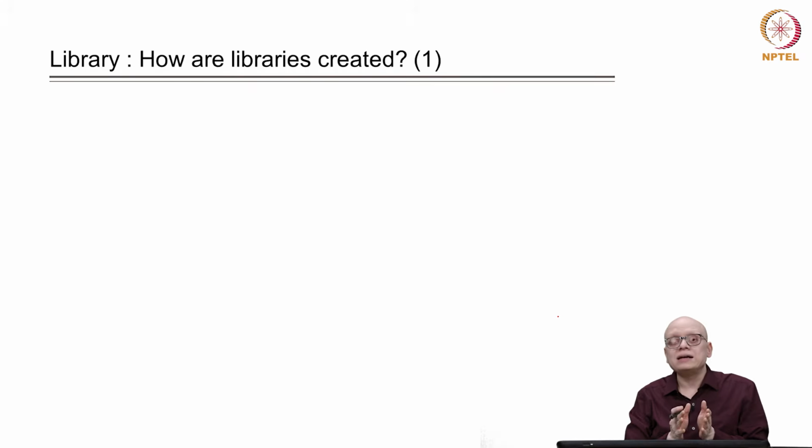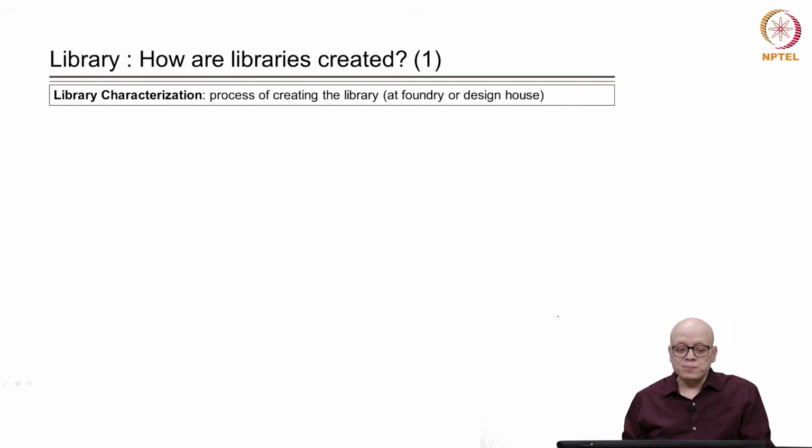Now, let us understand how a library is created. A library is created using a process which is known as library characterization, and this library characterization can be done either at the foundry level, who is developing the technology. The foundry can also develop a library.